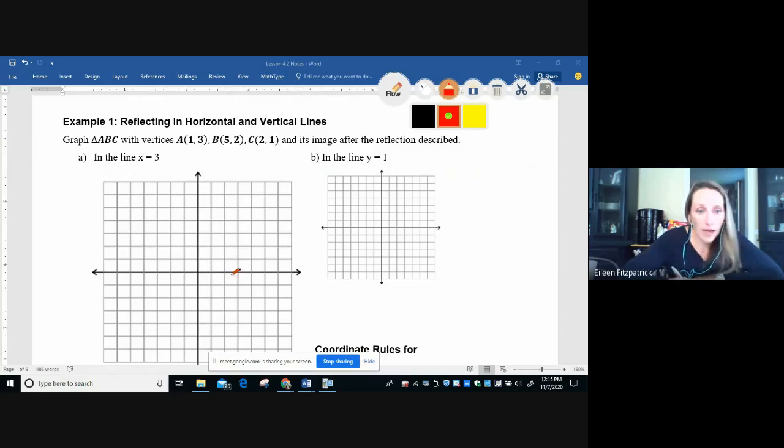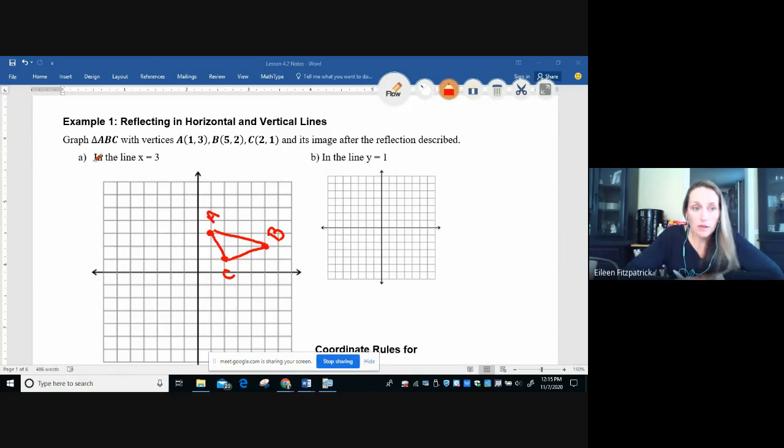Here's point A. Point B is located at 5, 2. And C is located at 2, 1. Let me write C outside of the triangle instead of inside. Okay, there's my triangle.